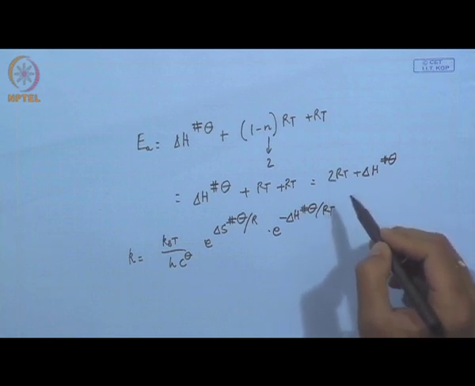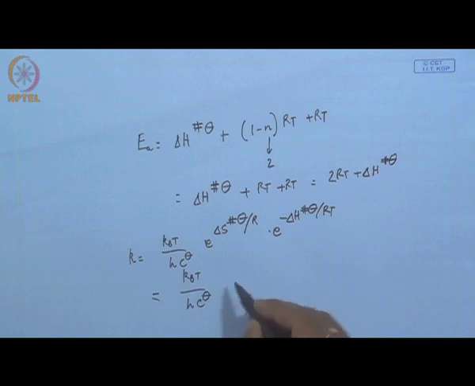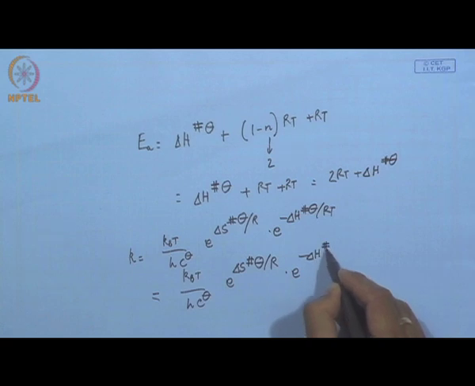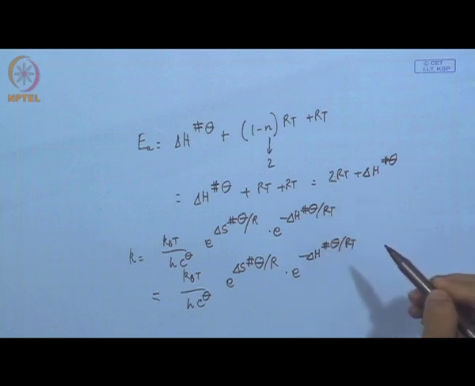Okay. So, that is why your k will be k_B T divided by h c standard, into e to the power ΔS‡ standard by R, e to the power minus ΔH‡ standard by RT, times e to the power 2RT by RT.